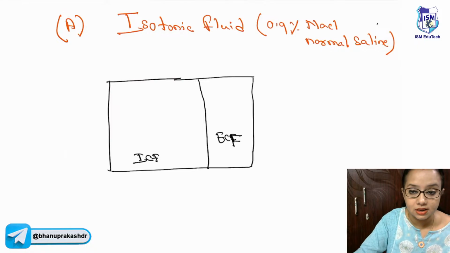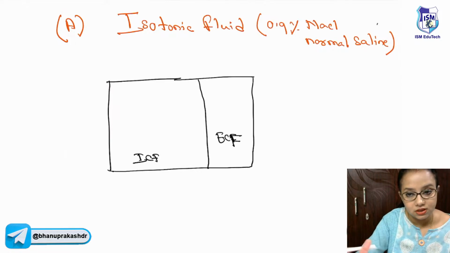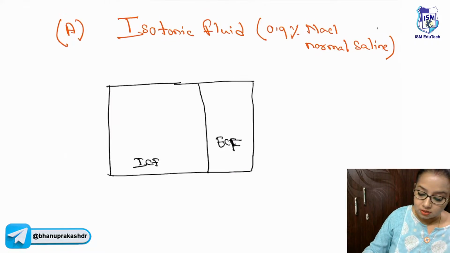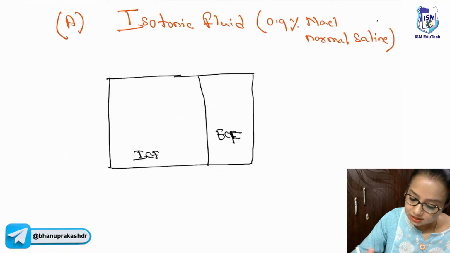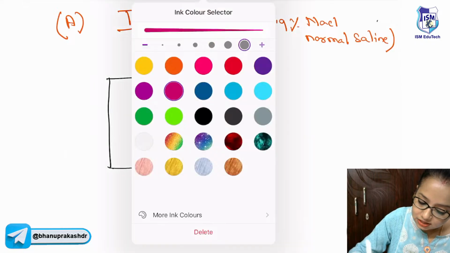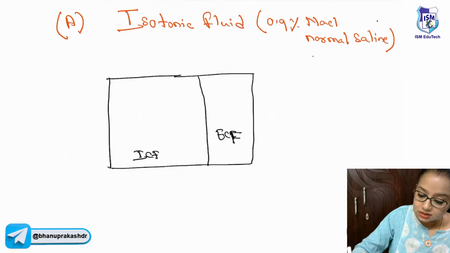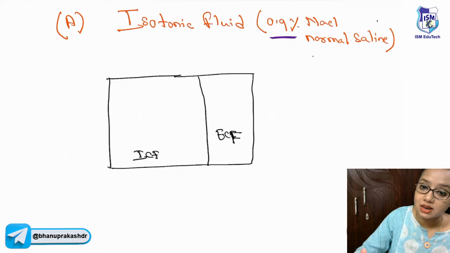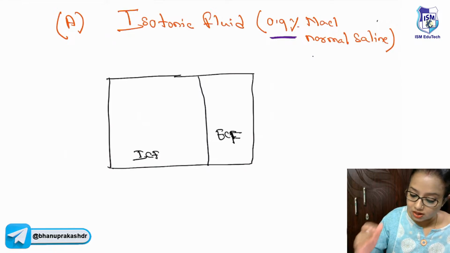Normal saline has the sodium and the chloride, same as what we have in the ECF, in our body fluid. It does not have the protein or glucose or anything, but that does not cause much hindrance. So when there is infusion of this normal saline, there is no change in the osmolarity, because it is the same as what we have within the body.